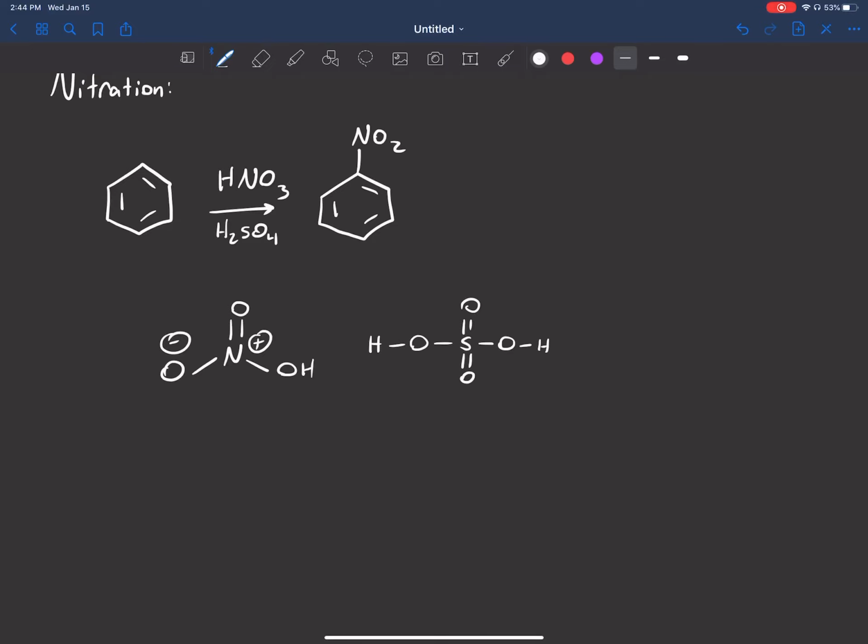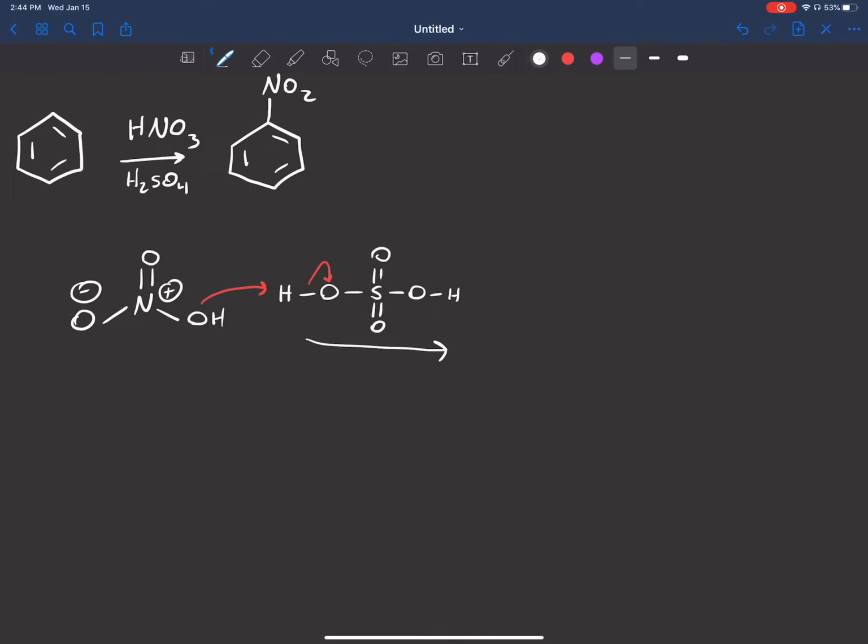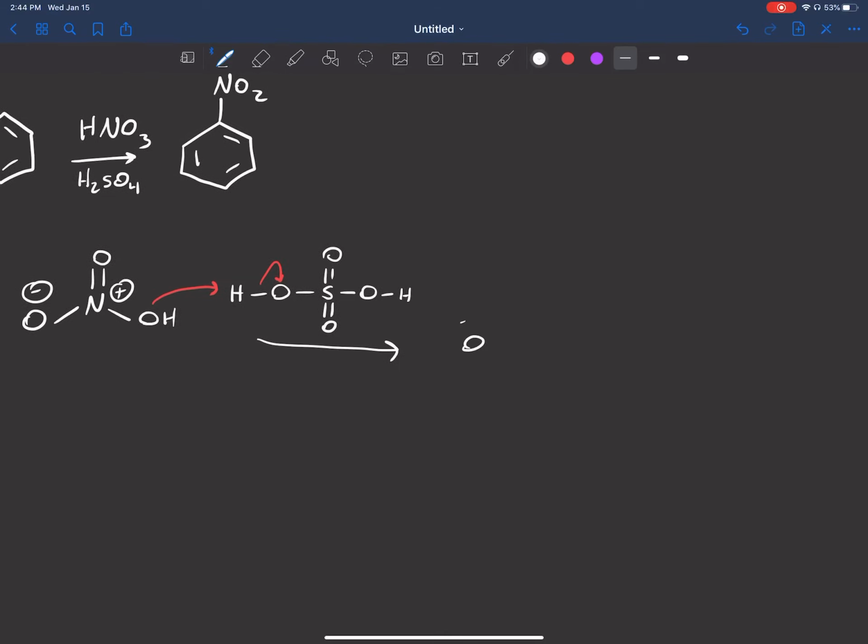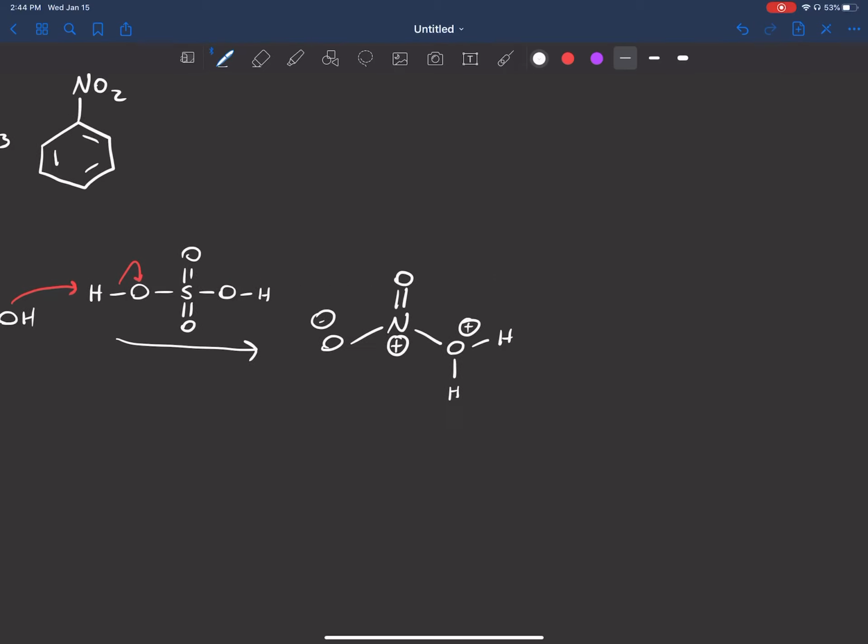So this is H2SO4. Alright. This OH grabs one of these hydrogens and this bond breaks. That's going to give us this intermediate. That oxygen is going to get a plus charge now.